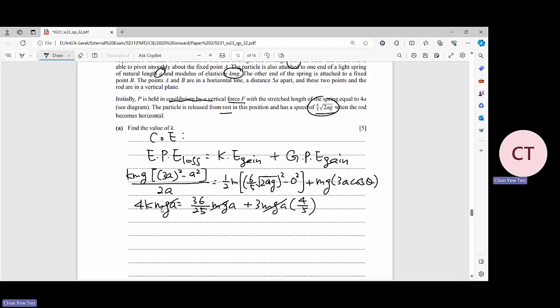All the mga can be cancelled. Wow, so nice. Okay, so 4k is equal to 36/25 plus 12/5, which is 96/25. 96 divided by 4, k is 24/25. That will be the answer for part A, done for part A.